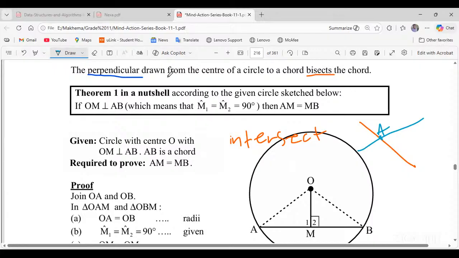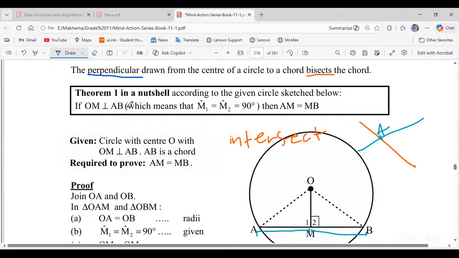This line that is drawn from the center, perpendicular to the chord, bisects the chord, meaning this line cuts this chord into two equal parts. Therefore, MB is equal to AM because OM bisects AB. I hope that makes sense. This is theorem 1 in a nutshell.